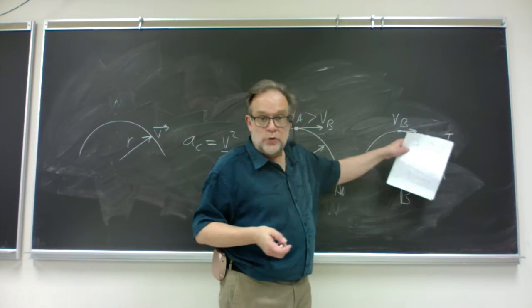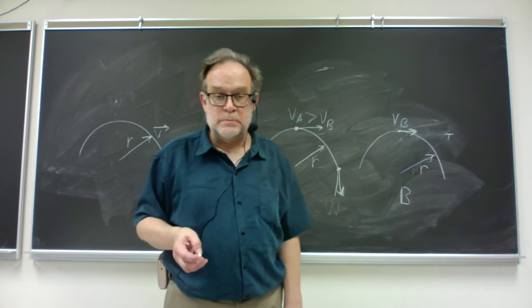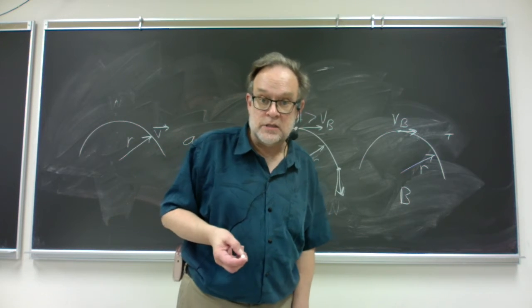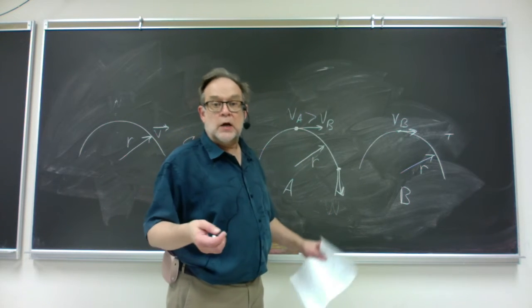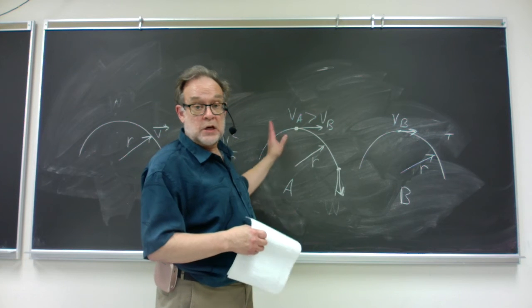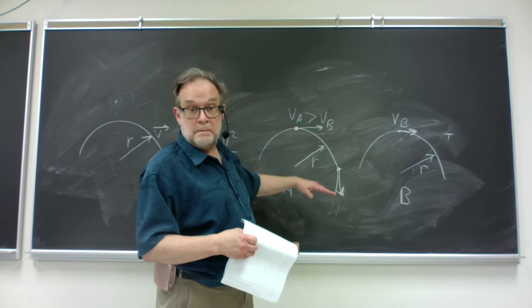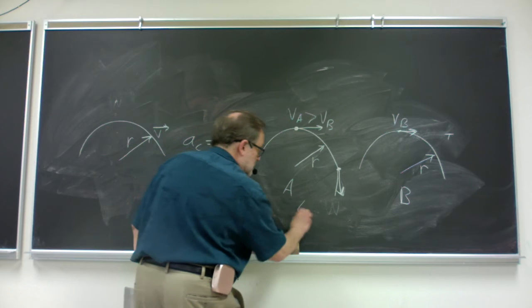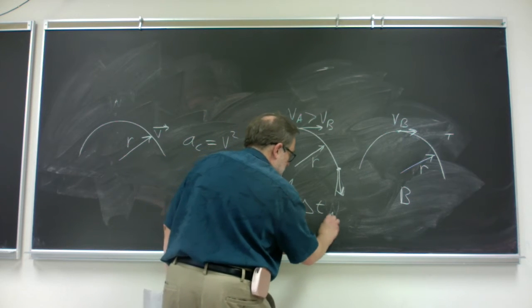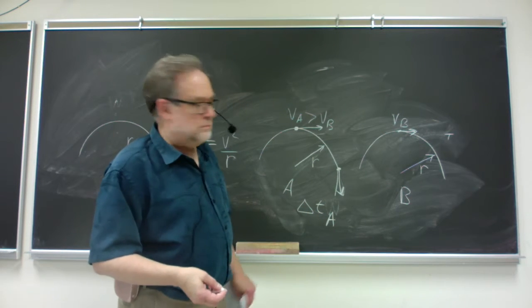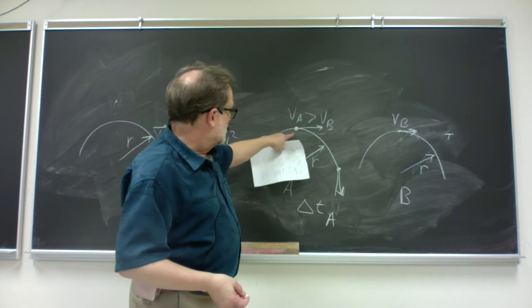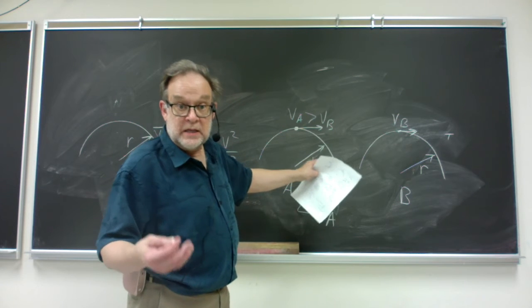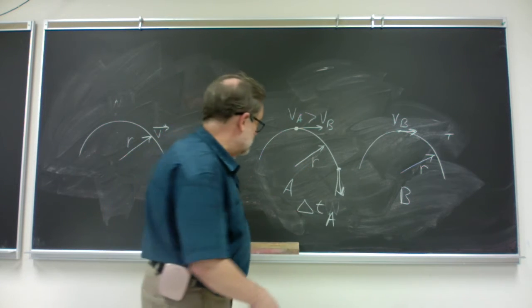I draw it with a shorter arrow just to indicate that B's speed is less than A's speed. And then I watch it for the same amount of time as I watched A. So the time interval between the initial and final velocity is the same for both cars.